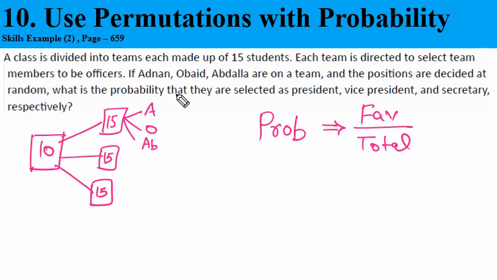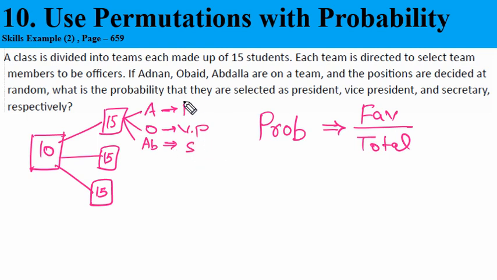Now what is the probability that they are selected as president, Adnan as president, Ubaid as vice president, and Abdullah as secretary? So here, if you see, this order is fixed, okay, they are selected in this order. So this order is very important.